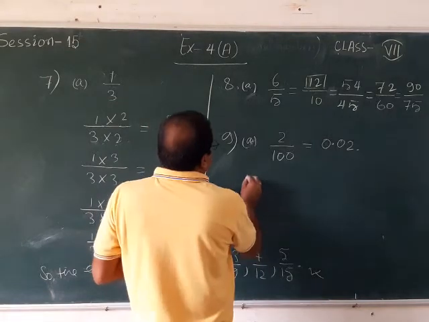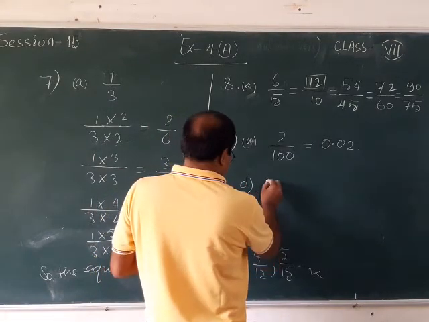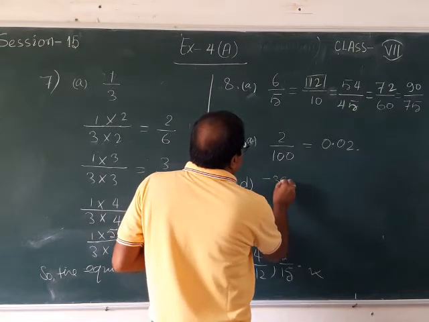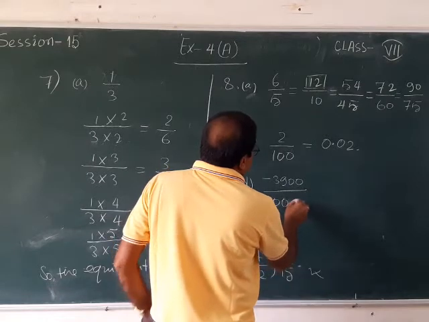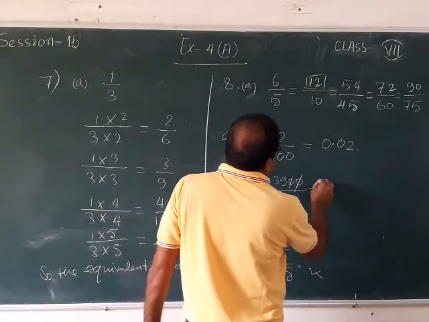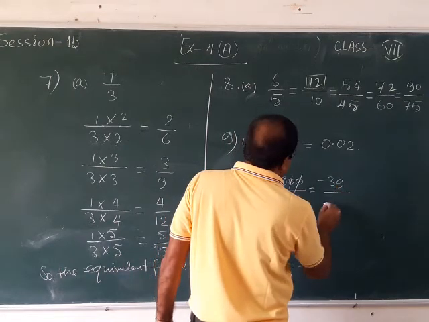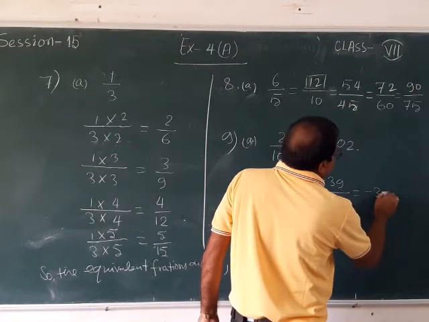Suppose I am going to do question number D. There it is written minus 3900 upon 1000. First of all I will cancel the zeros. Then my fraction will be in standard form. Now I can write minus 3.9.